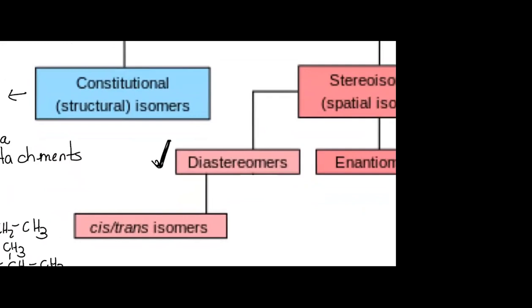It's going to be cis and trans isomers, and I will explain in a moment what cis-trans isomers are. Cis-trans isomers exist in alkenes, and even though it's mentioned in the textbook, cyclic alkanes can have cis and trans isomers, but I'm not going to go over cis and trans isomerism in cyclic alkanes. I'm only going to focus on the alkenes.